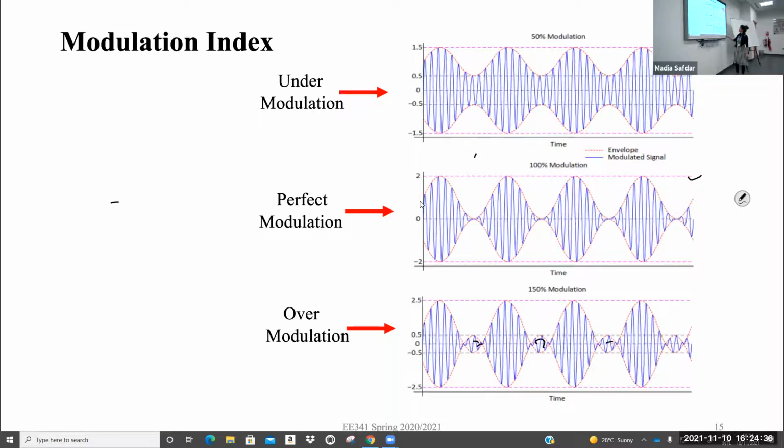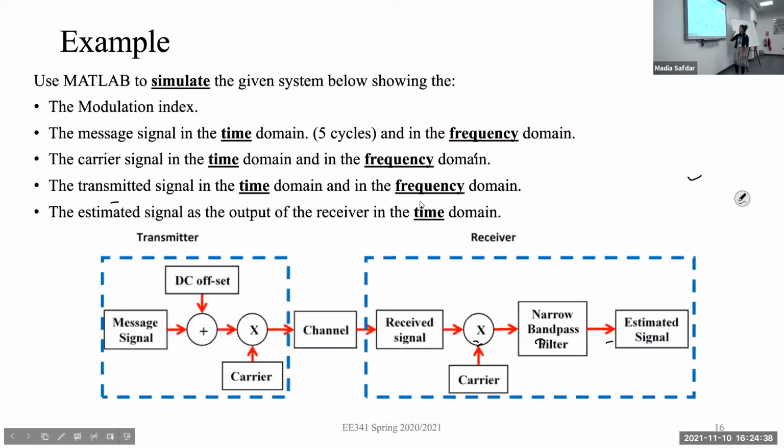Now the question. Always remember this block diagram because it will be very helpful for you to solve the problems related to modulation and also for writing the code for the examples or the questions.